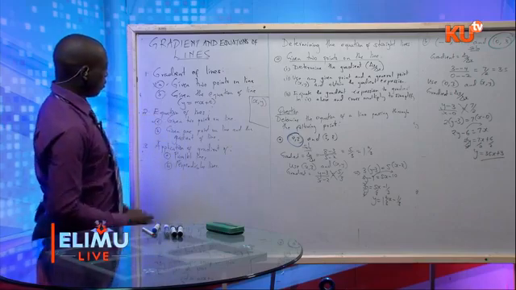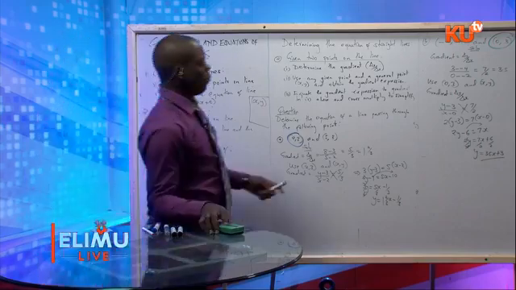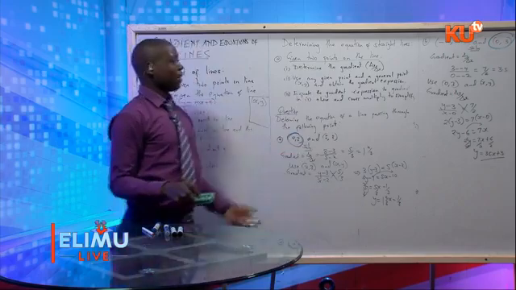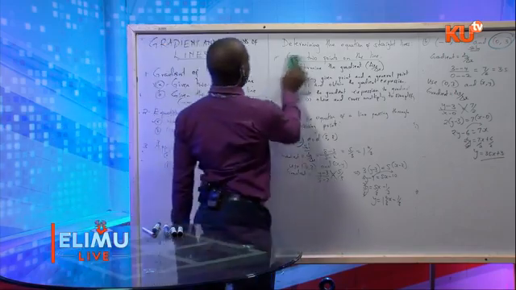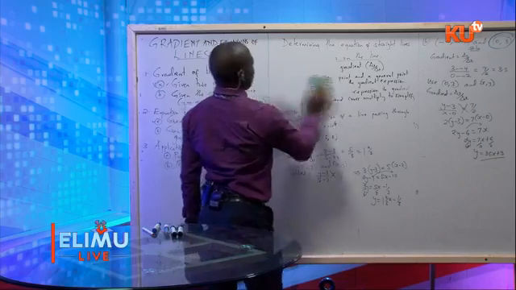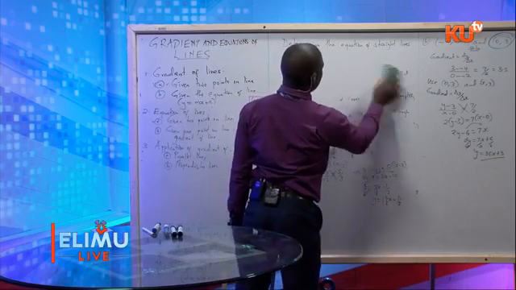And so we go to number 2, part B. If you're not given 2 points on the line, then we may give you a case for now of 1 point with a gradient.